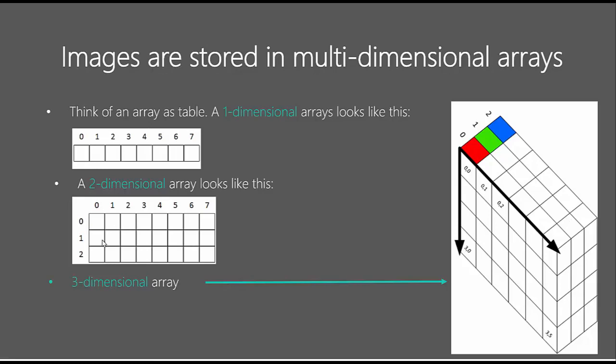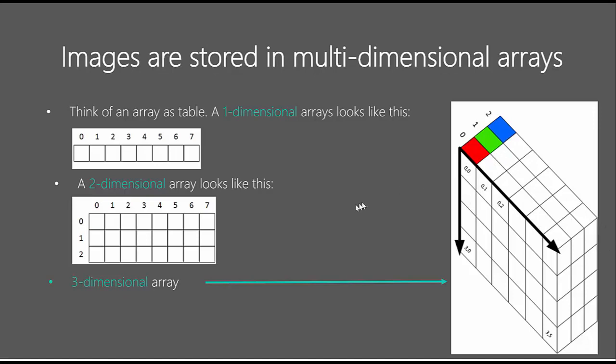So now we move on to three-dimensional arrays, which is what we use in OpenCV to store images. So in a three-dimensional array, think of the same two-dimensional array, but with layers of stacks behind them. So as you can see, in this first stack here, we have the red values, then behind it the green values, and blue values, and so on.